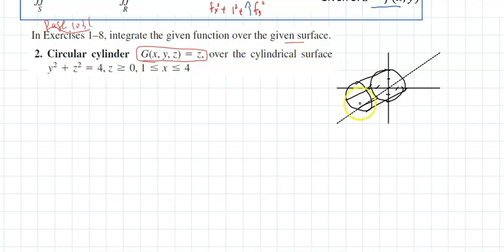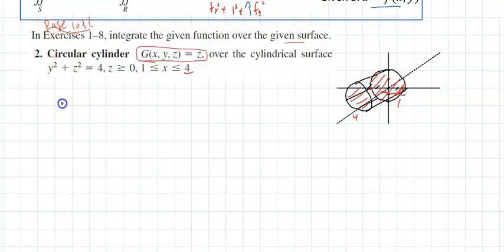Assuming this is 4, and let's say this is 1. So, if I want to figure out what the surface integral is, I'm going to do this two ways. One way, I'm going to start using this blue color.